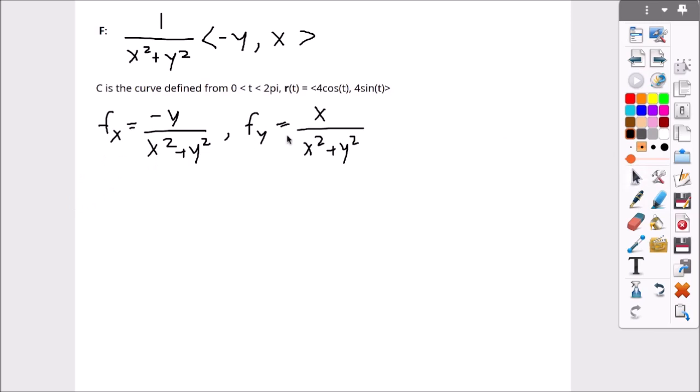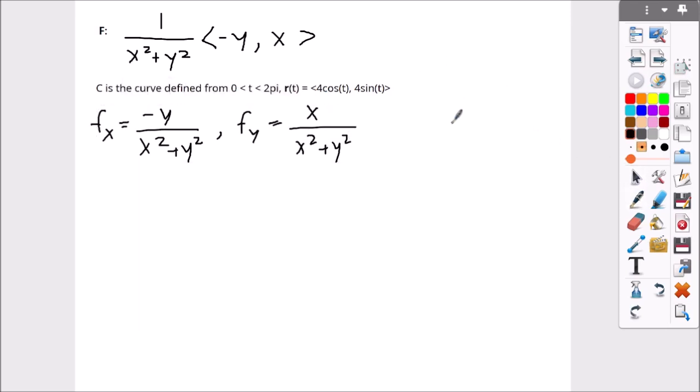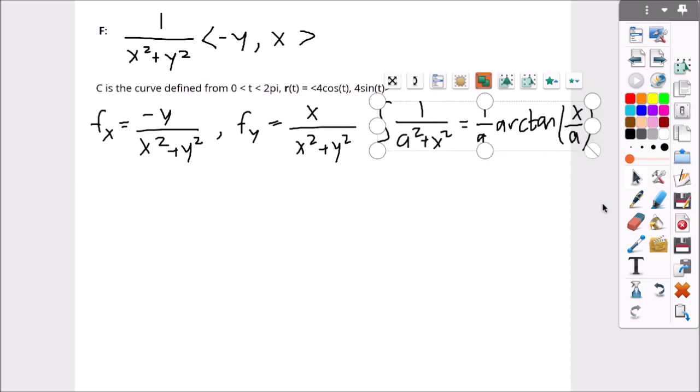Alright, so if you know the identity, the integral of 1 over a squared plus x squared is equal to 1 over a arctan x over a, right? So if you know that identity, I think it should be easy.